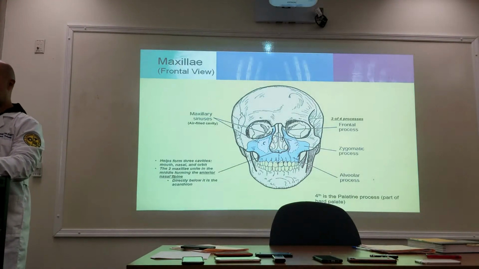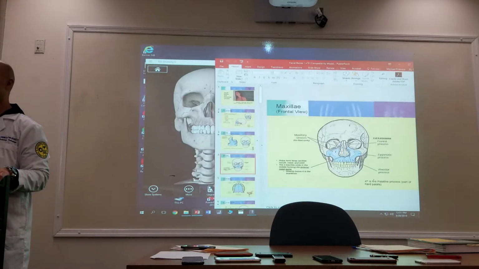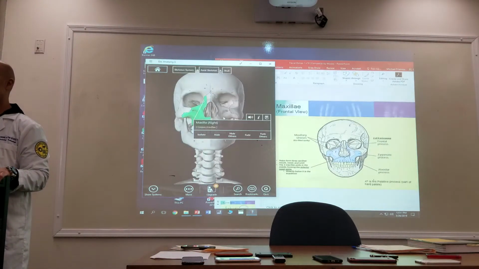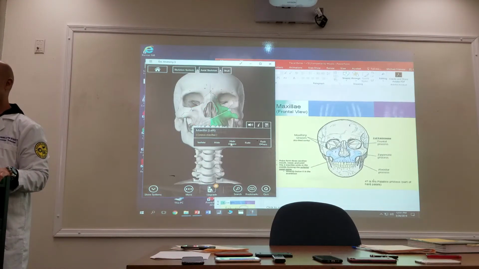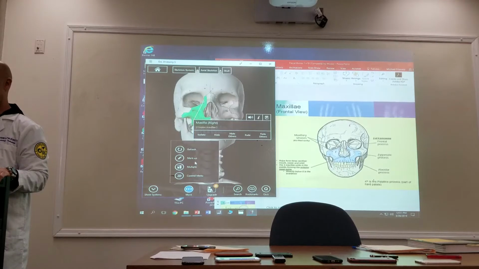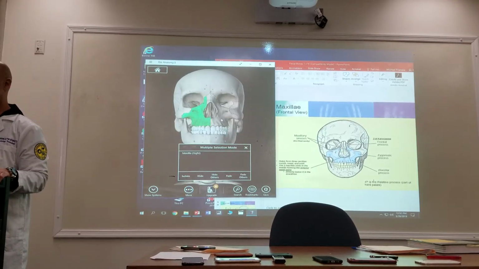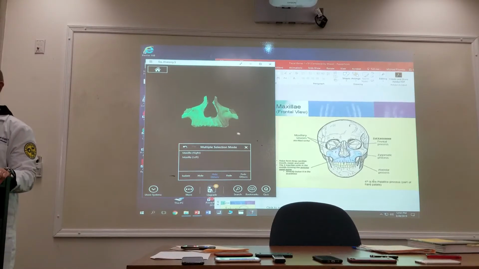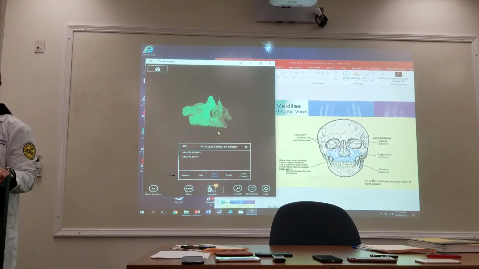So if I can just go here real quick and show you that. Let's see here, let's do multiple. Okay, hide others. All right, so when we look at this, here is your alveolar process where the teeth attach.